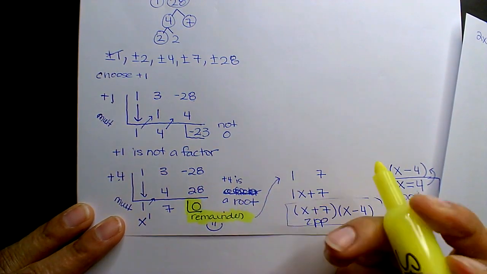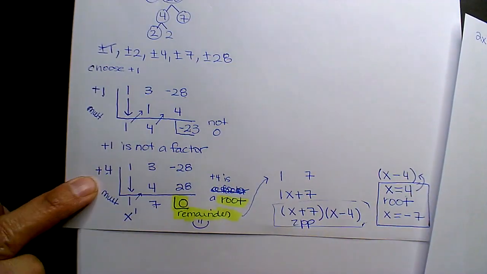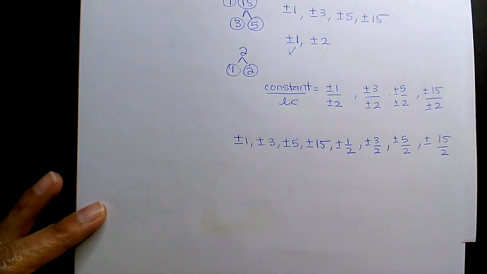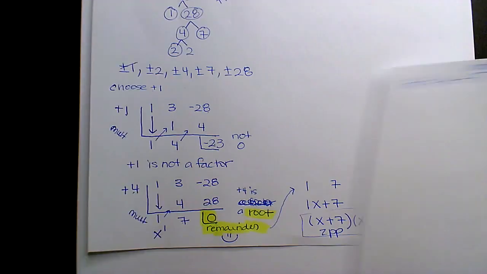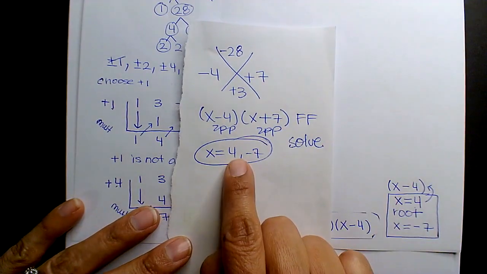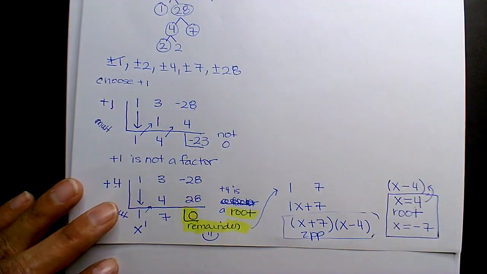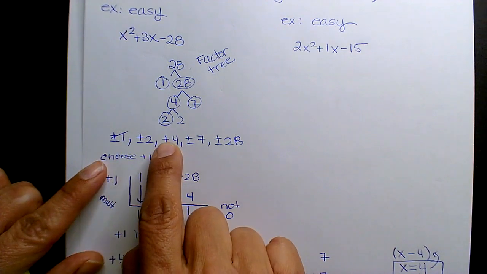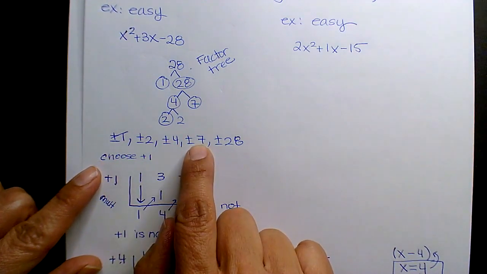If you get the remainder of 0, that number becomes a root, okay? So your 2 numbers are buried here, just like when we factored, we knew we had 4 and -7. If I look at my list of factors, there was the positive 4, there's a -7.